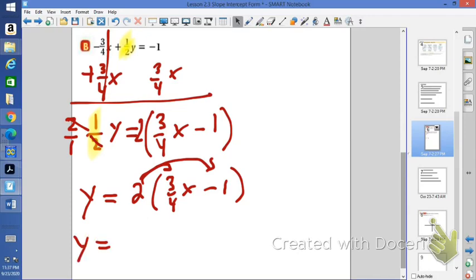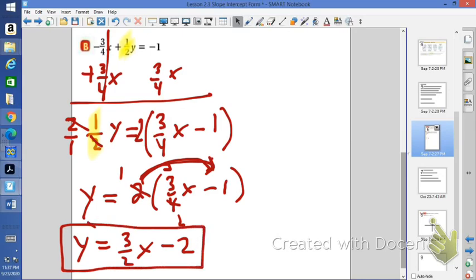So y equals 2 times 3/4 x. If you put that into the calculator, you're going to get 3/2 x. And then 2 times a negative 1 is going to give you a negative 2.